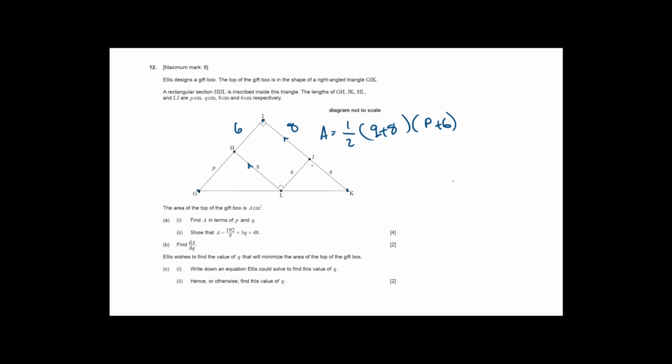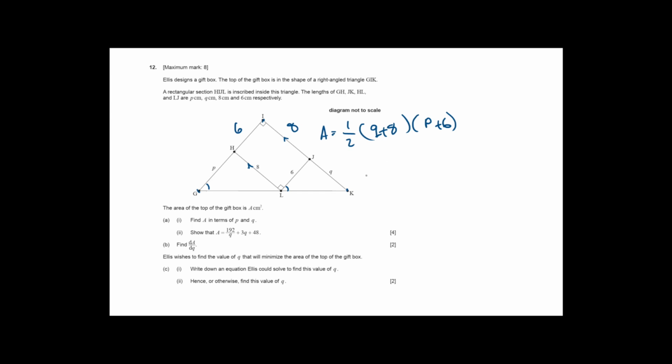But this triangle here and the big triangle, they've got to be similar triangles, aren't they? Yeah, they've got to be similar triangles. So that means that this angle here is the same as this angle here, and all the angles are the same, and the ratio between the distances is the same. That's actually going to work.